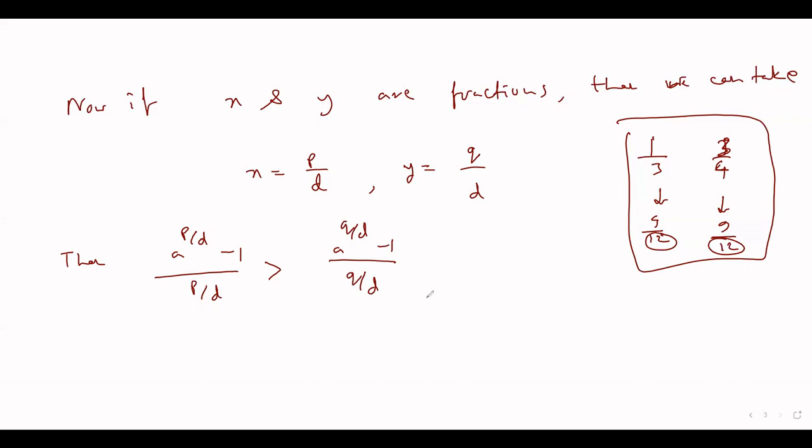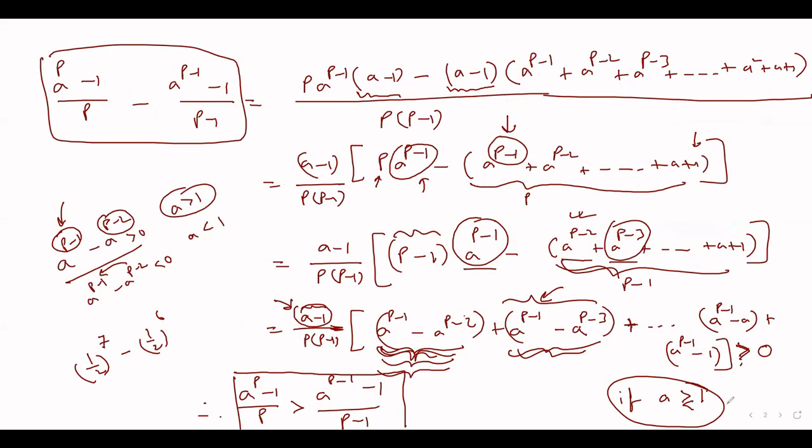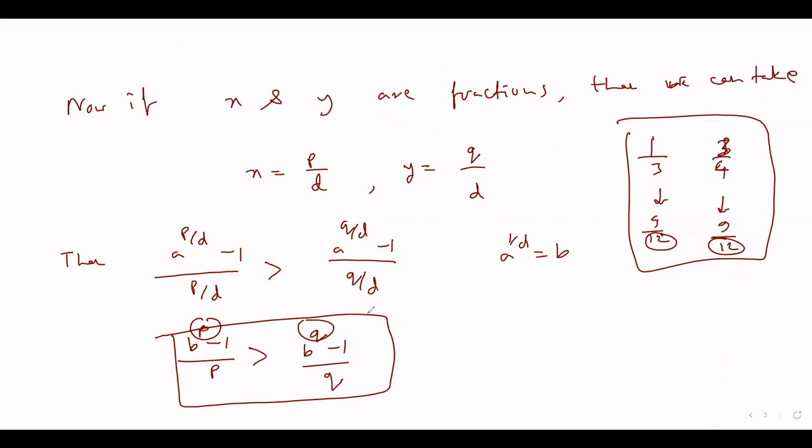But can you see that we can just assume a to the power 1 by d equals some b, so that the statement that we need to prove becomes b to the power p minus 1 by p is greater than b to the power q minus 1 by q. And here p, q are integers, so this result is already known due to the ideas we proved here, right? So we already know that our claim is true for integers. So this is true, which would mean that this is also true.